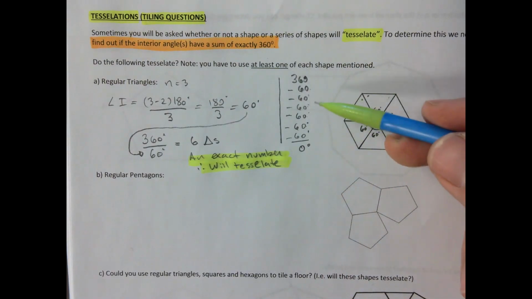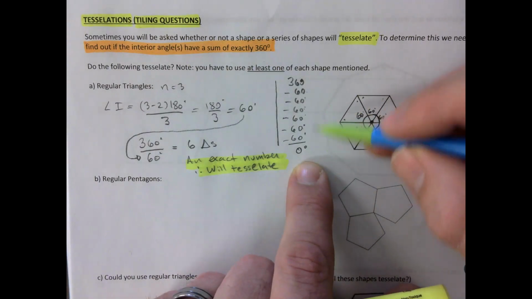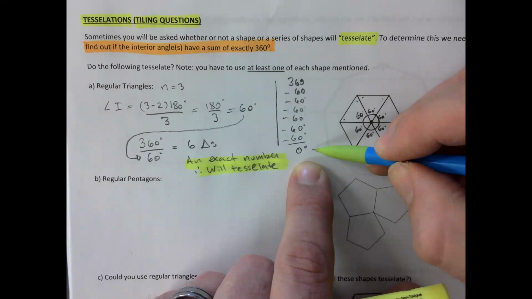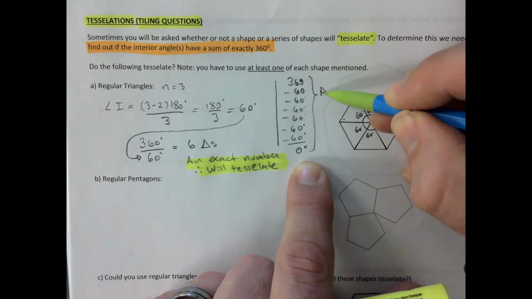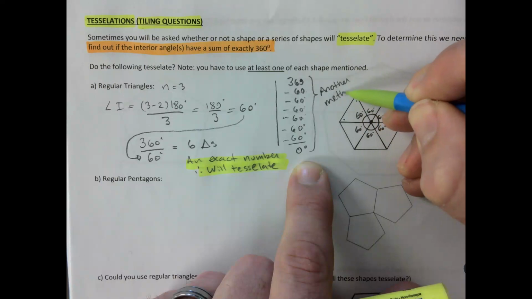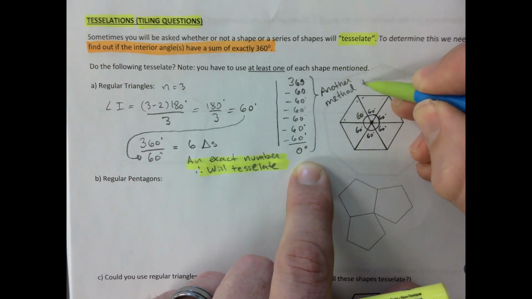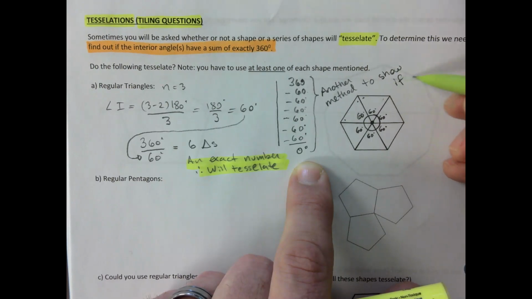This is another method. Sometimes we will actually use this. So I'll just say right here, another method to show if tessellation happens.